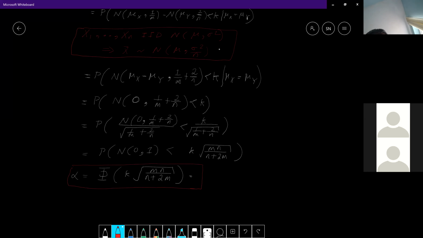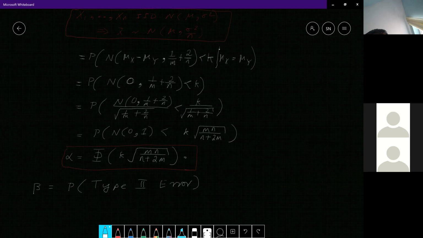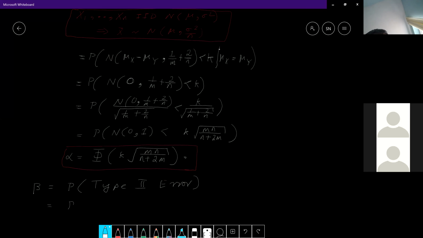Guys, are you okay? All right, the next part of the question is to find beta. Beta, remember, is the probability of type 2 error. So it's the probability of accepting the null hypothesis when H1 is true, which is mu x not equal to mu y.